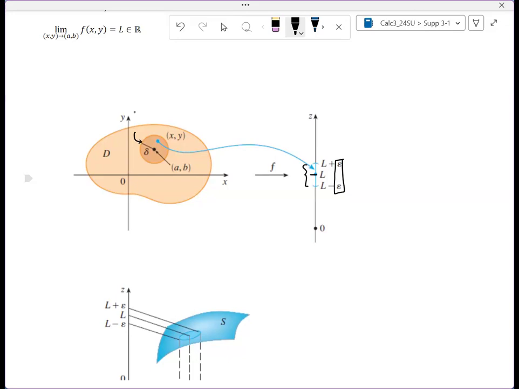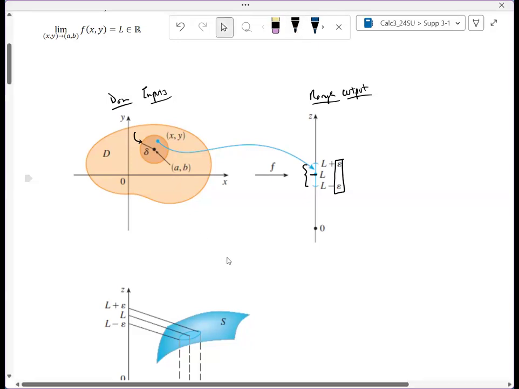So this is the domain out here, and this is the range, so to speak, over here. The inputs are over here on the left, and the output is over here on the right.